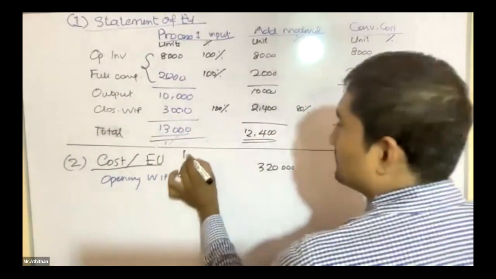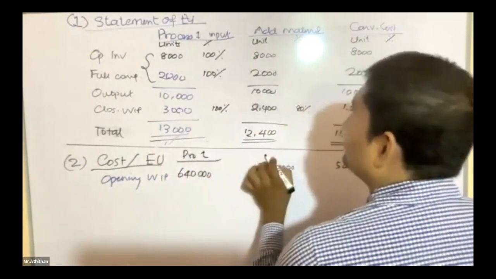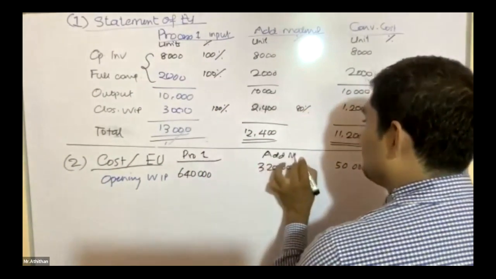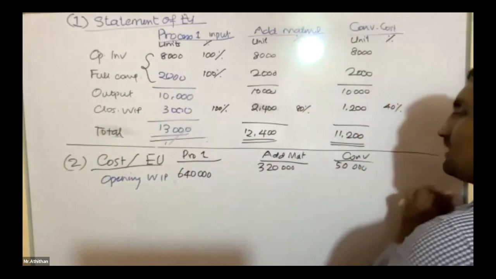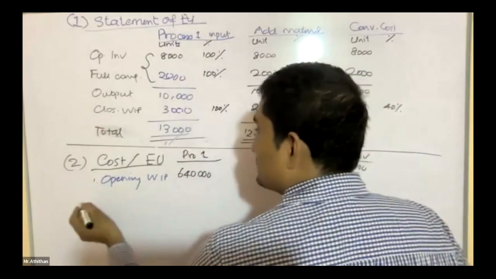Right? So this is process 1, this is added material, this is conversion. Right. So this is the first input.